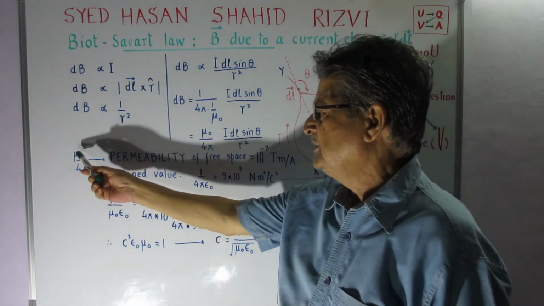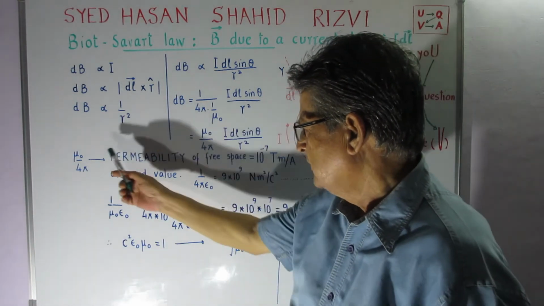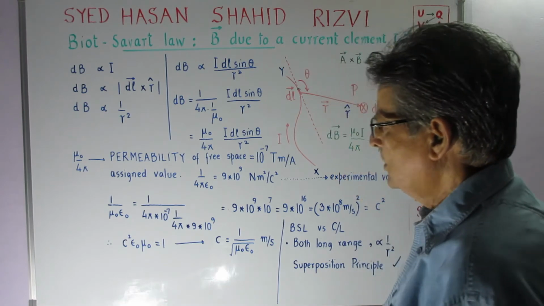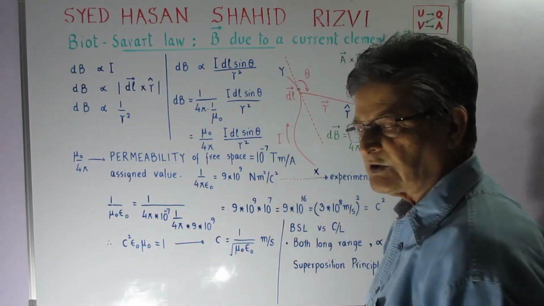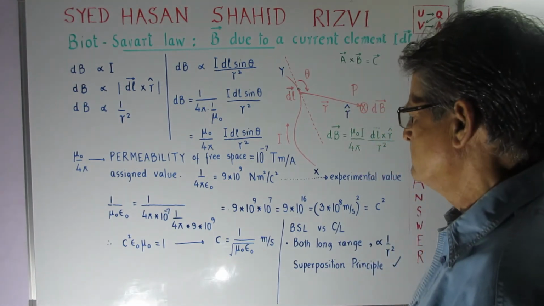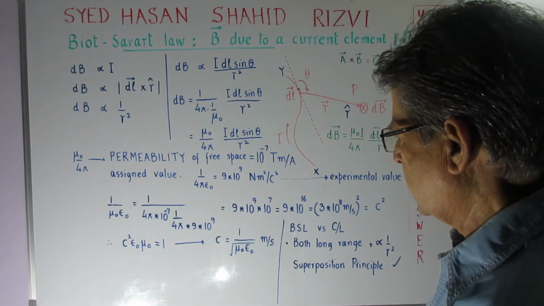Actually this is not mu naught upon 4 pi, but mu naught, the permeability of free space. So mu naught is equal to 4 pi into 10 to the power of minus 7 Tesla meter per ampere. You can make that correction.